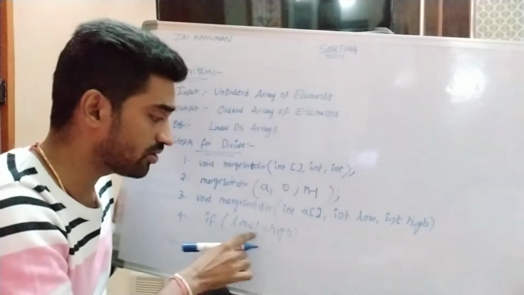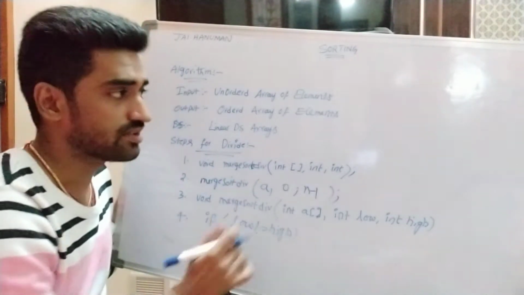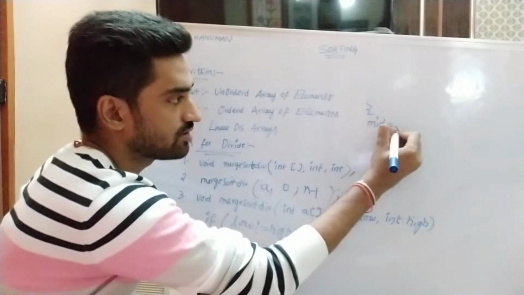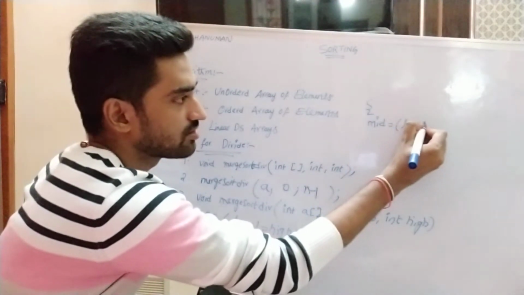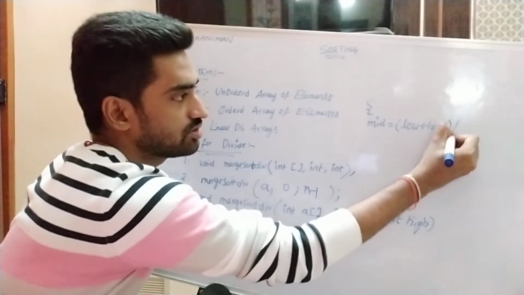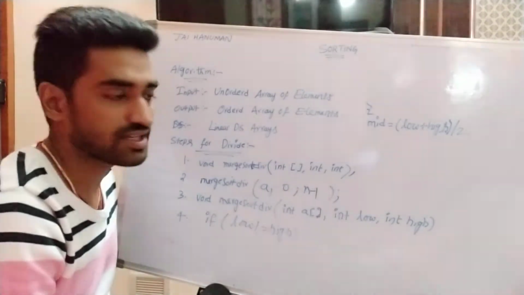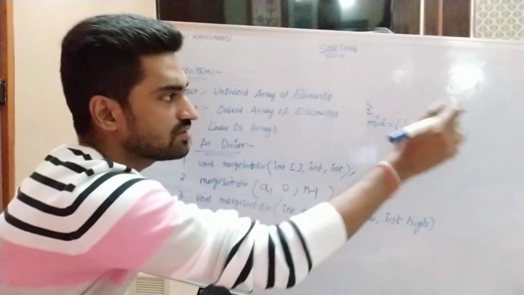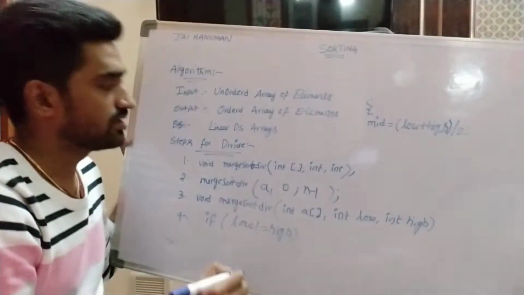So if low not equal to high, then we are calculating the mid position. So mid is equal to low plus high by 2. So this is the formula for calculating the mid position, right?